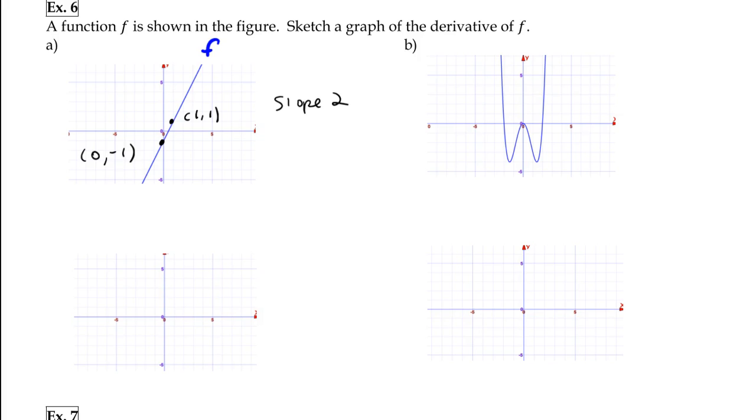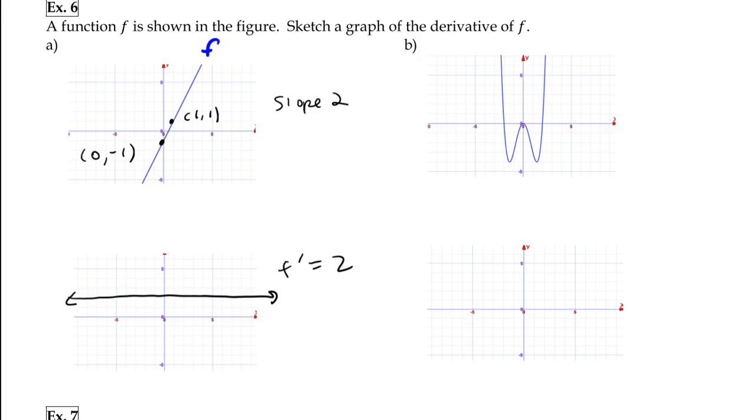And if this has a constant slope, when I go to graph the derivative, it's just a horizontal line, because f prime is always 2. At any given x, we have a slope of 2. So at 0, the slope is 2. At 1, the slope is 2, and so on. And that's how we get that horizontal line.